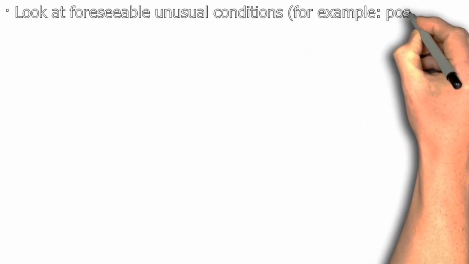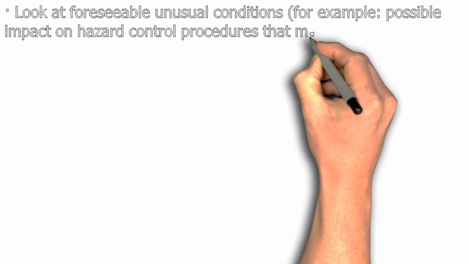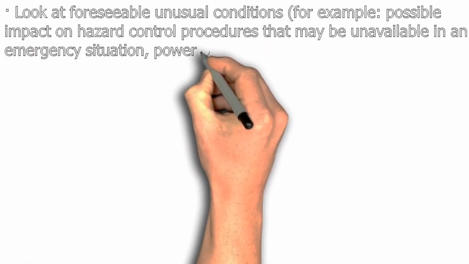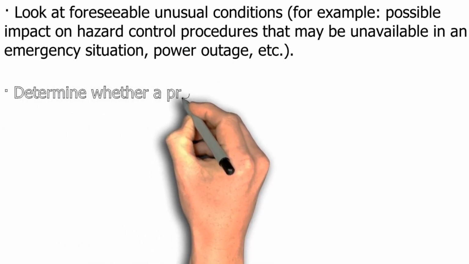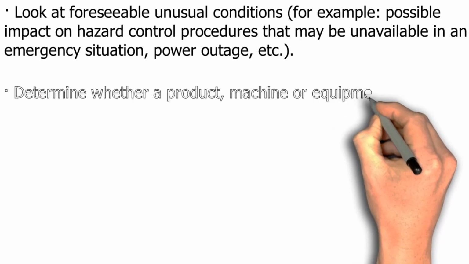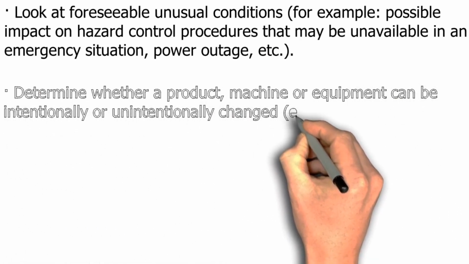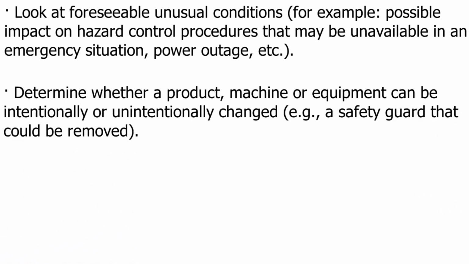Look at foreseeable unusual conditions, for example, possible impact on hazard control procedures that may be unavailable in an emergency situation, power outage, etc. Determine whether a product, machine or equipment can be intentionally or unintentionally changed, e.g., a safety guard that could be removed.